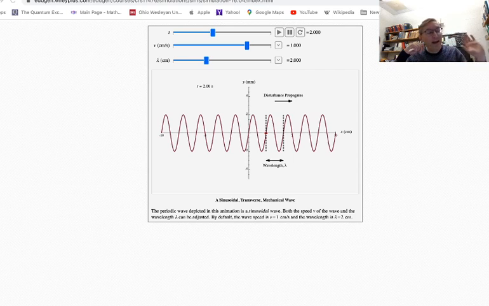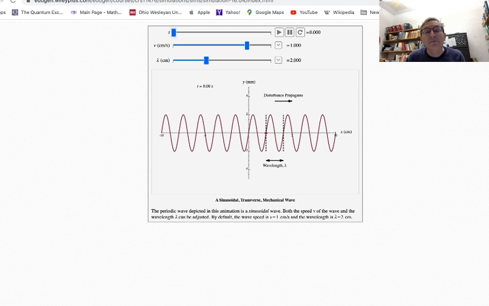And now that that's been happening for a very long time, here's a freeze frame at one instant in time, t equals 0. And that is a snapshot at a particular moment in time of this sinusoidal, transverse, traveling wave. Do you see why it's called a sinusoidal, transverse, traveling wave? Look at the shape.